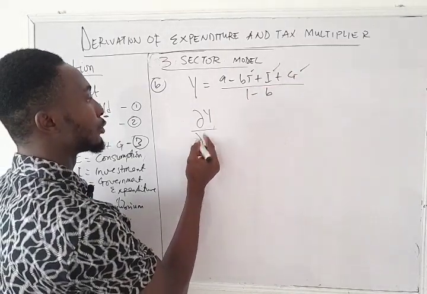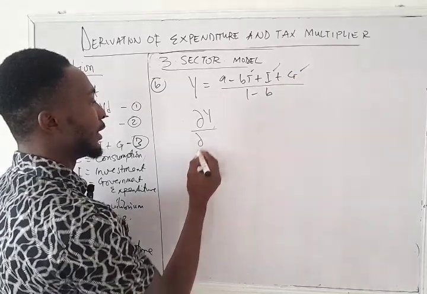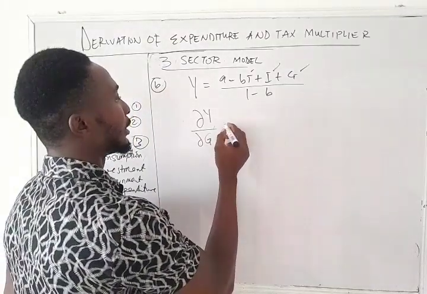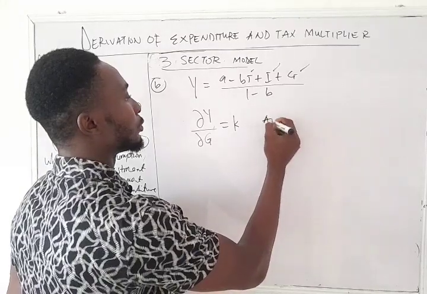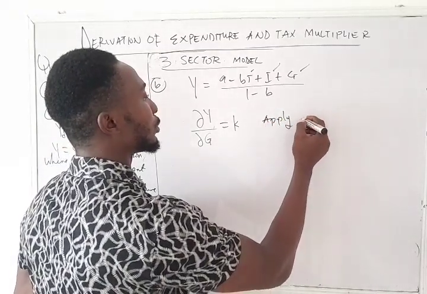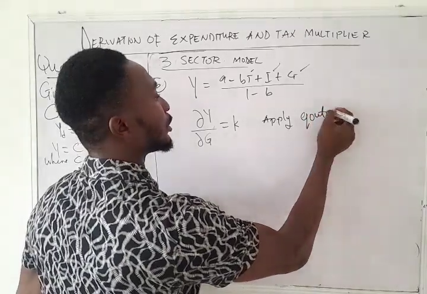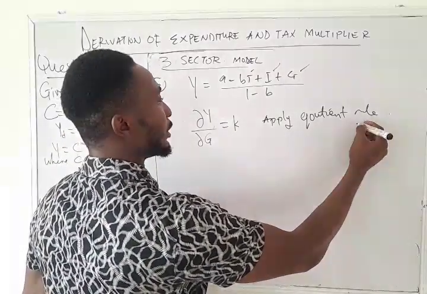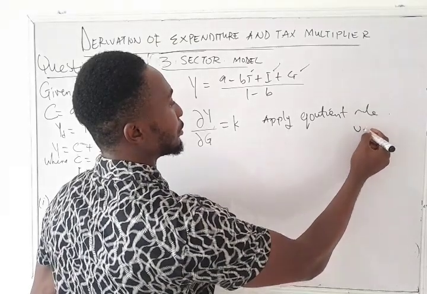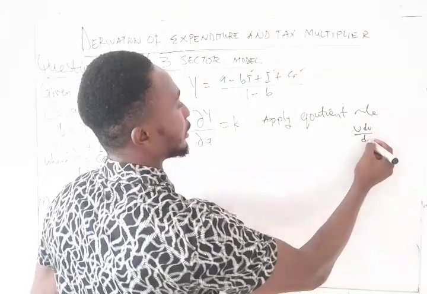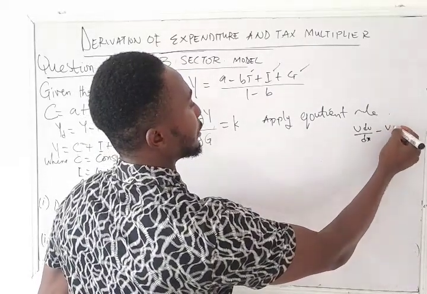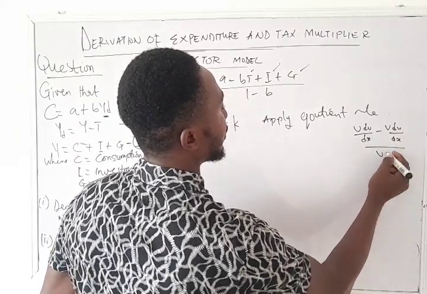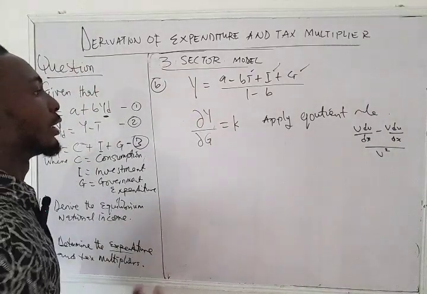So we differentiate this, the change in Y with respect to a change in government expenditure, change in G. We can call this K and apply the quotient rule in calculus, which says we have u over v, the derivative is v du by dx minus u dv by dx, all divided by v squared. We are basically going to apply this rule.